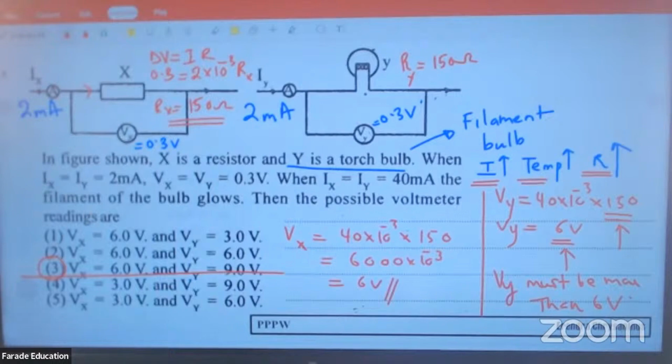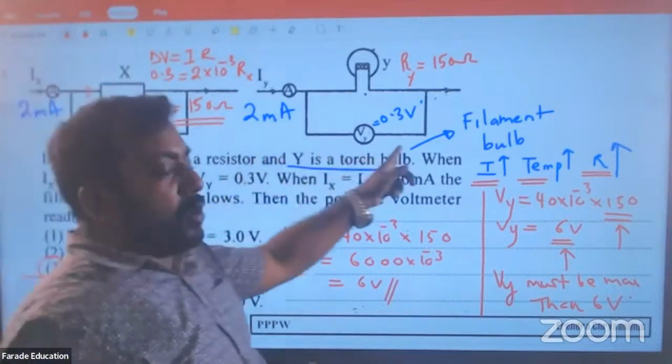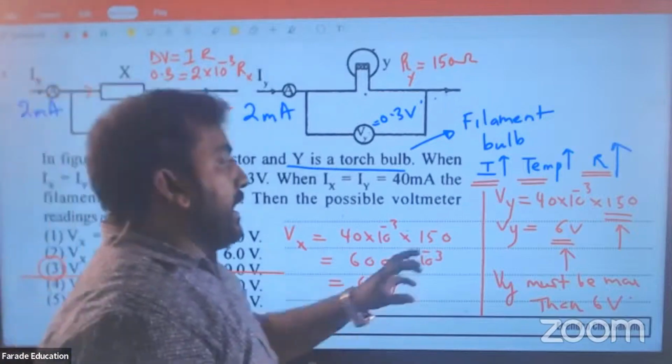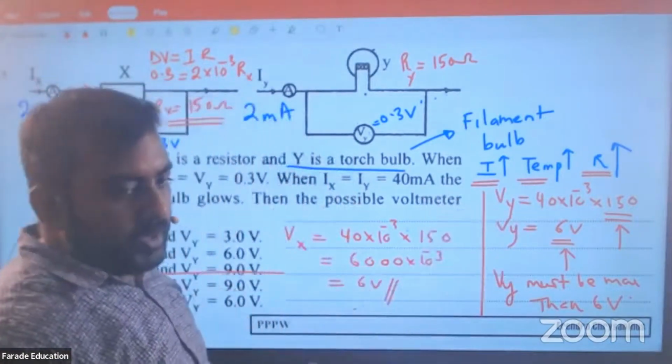Therefore, the potential difference across it will also increase. Therefore, the most suitable answer is a voltage greater than 6 volt for Vy.